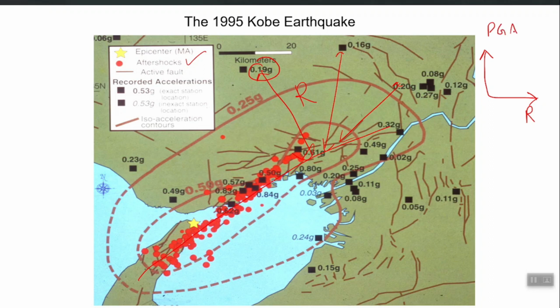If I have many data points, the general trend will be that as I increase R, the PGA is reducing, so I can have a best fit line like this. This is called a ground motion prediction equation, GMPE, or attenuation model. Attenuation means how the seismic wave is losing its energy with distance, right?